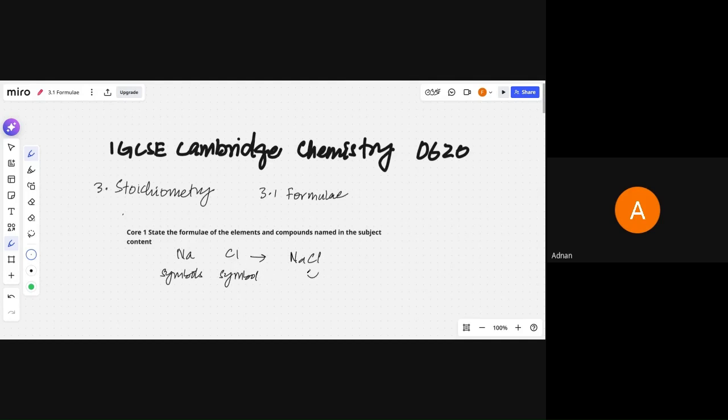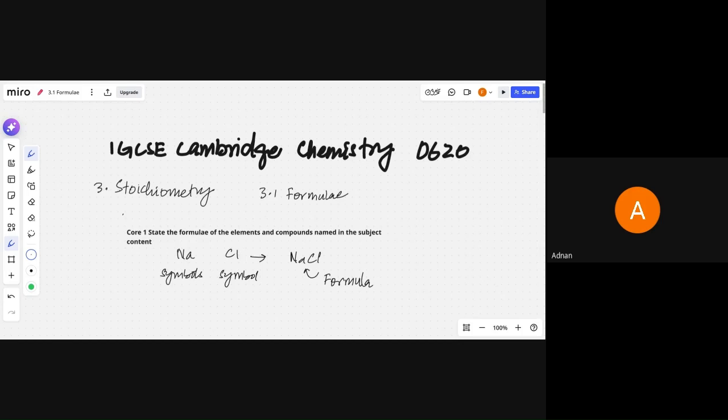And that's the formula of the compound that they make, right? If I have to write a balanced chemical equation, I will be using Cl2, but that is for the upcoming topics.